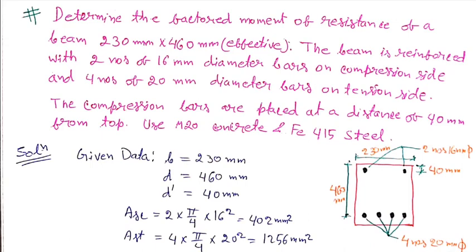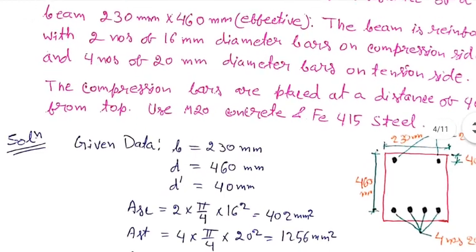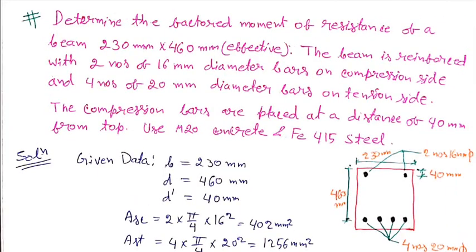The width is 230 mm, and the effective depth, from the top to the center of the tension reinforcement, is 460 mm. In the compression zone there are two 16 mm diameter bars, and from the top to the center of the bar, the distance, that means small d dash, is 40 mm. In the tension zone there are 4 numbers of 20 mm diameter bars.